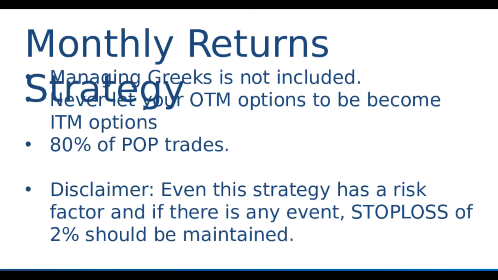So 12,200, 12,300, 12,400 are the OTM call options, out of the money call options. Anything below 12,150, like 12,000 or 11,900, are the in the money call options. At the money is the one within that range.